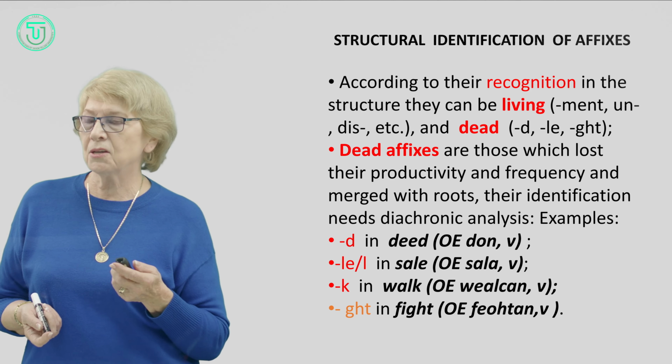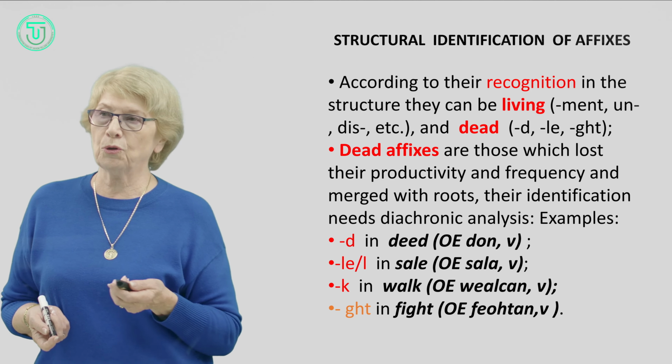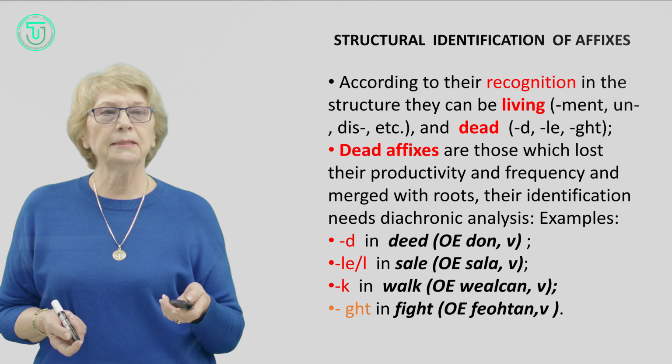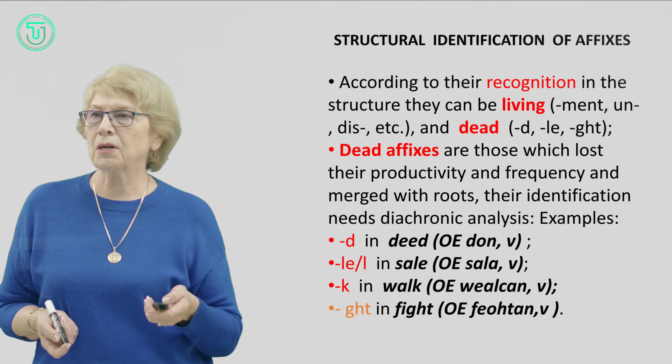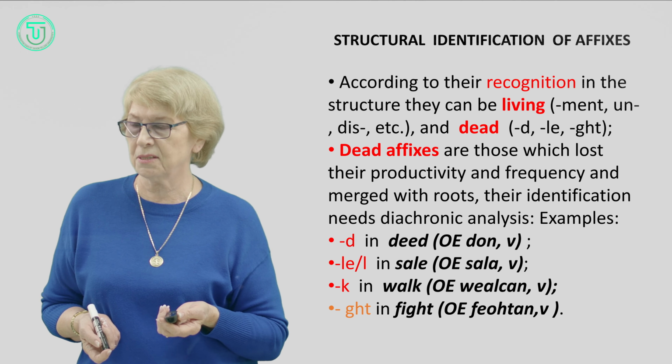But in such cases, we certainly need a diachronic analysis. We have to refer to the etymological facts about the words. And that is why there is a criterion of identification of affixes.